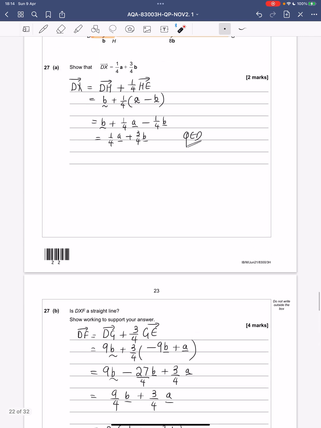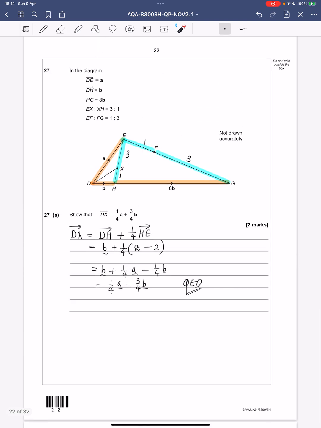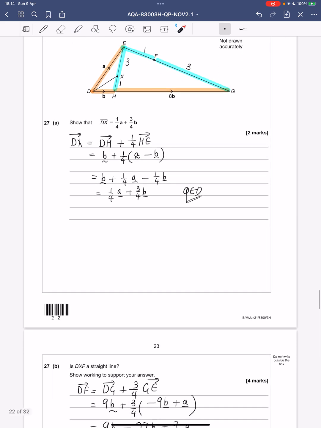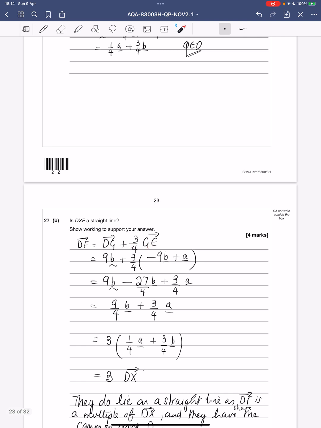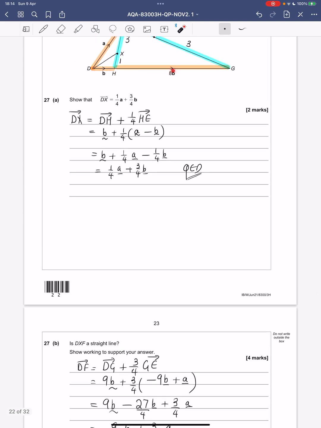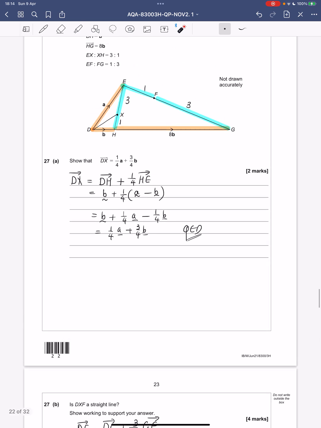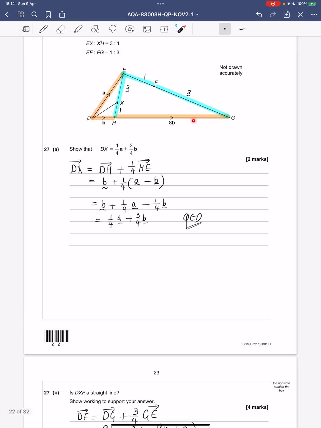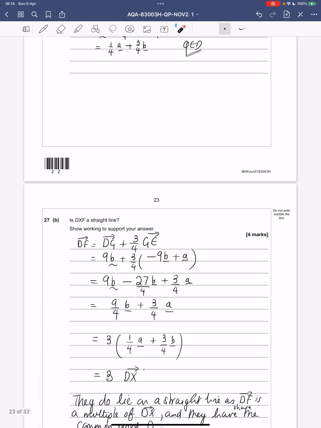So D to F, which is what we want now. I've said it's D to G plus 3 quarters of G to E. So D to G is 9B, and then 3 quarters to go from G to E is minus 9B plus A. It's 9B minus 27B over 4 plus 3A over 4.